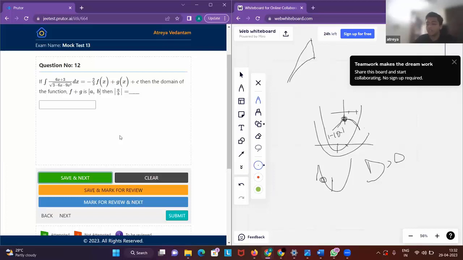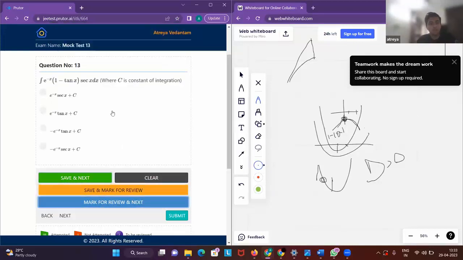So the actual expression within the thing is 4 minus (3x plus 1) the whole square. Completing the square is fine, but you have to split the integral cleverly. So we'll come back to this a little later.